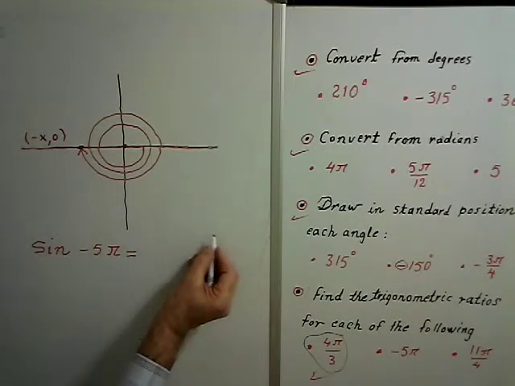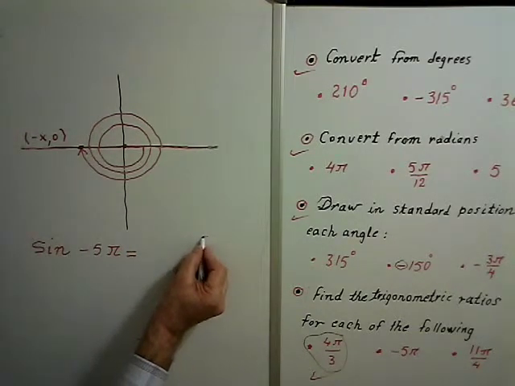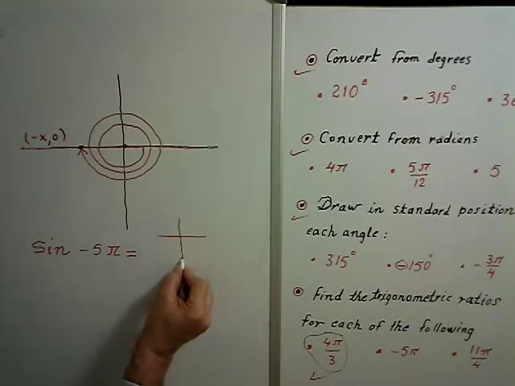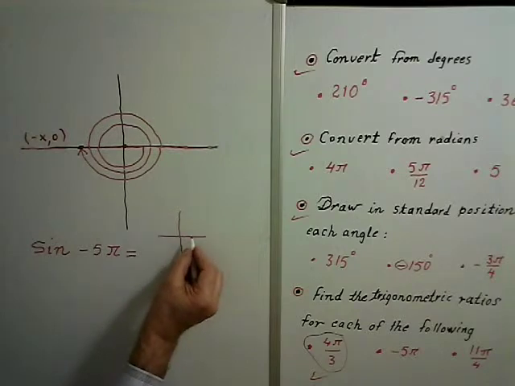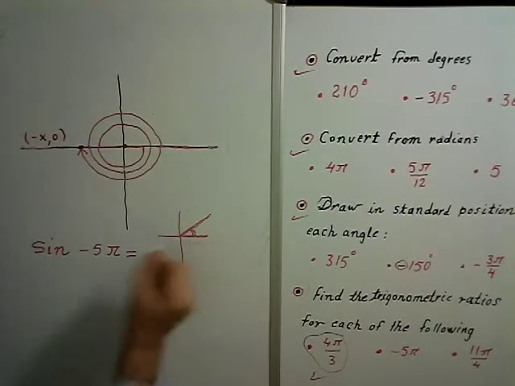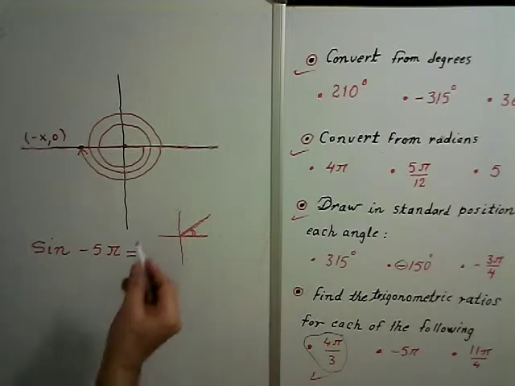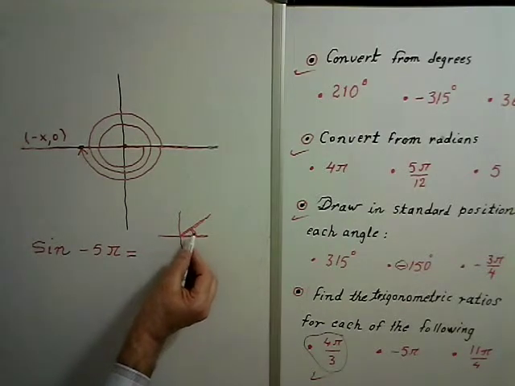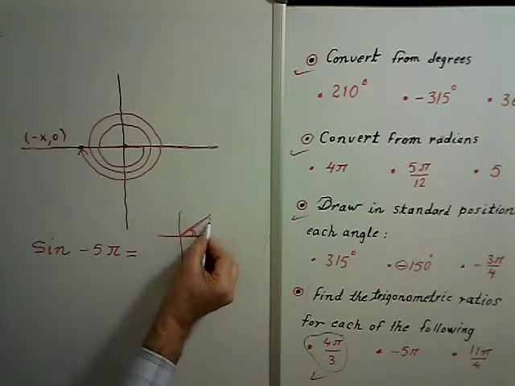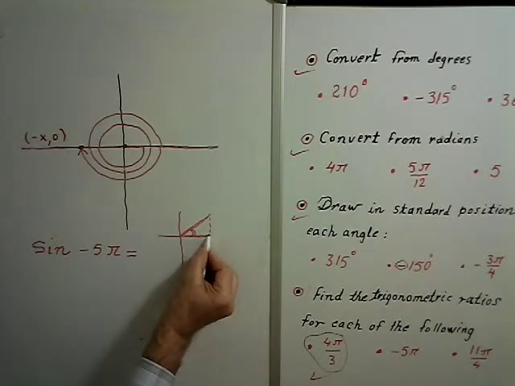When there's any angle like here, this is the initial side, and this is the angle here, and this is the opposite of the angle.